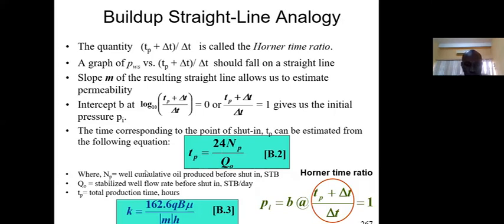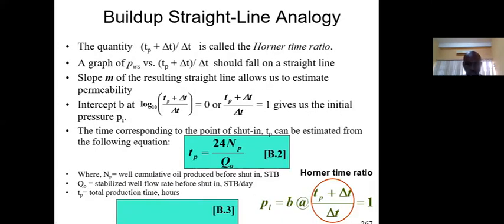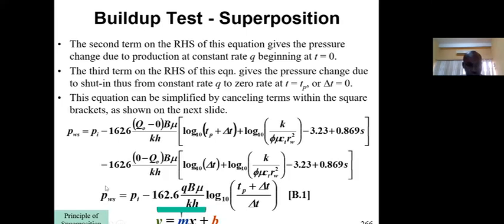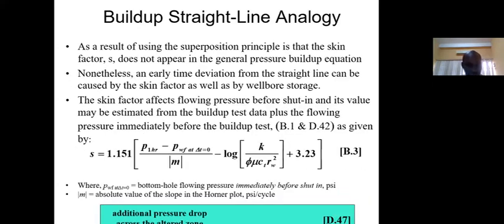So remember that for the analysis of the build-up data, what we are presented is the shut-in pressure being proportional to the ratio of (Tp plus delta T) over delta T. (Tp plus delta T) over delta T is referred to as Horner's time, and that is what is plotted.